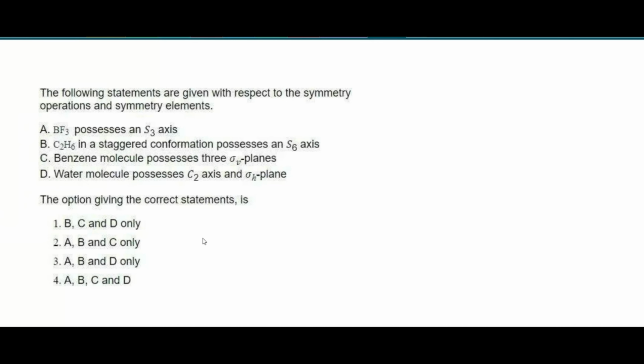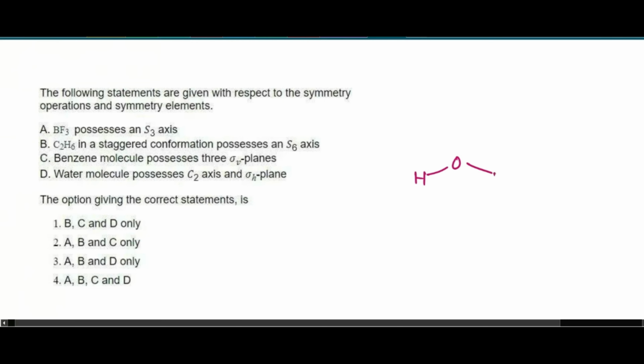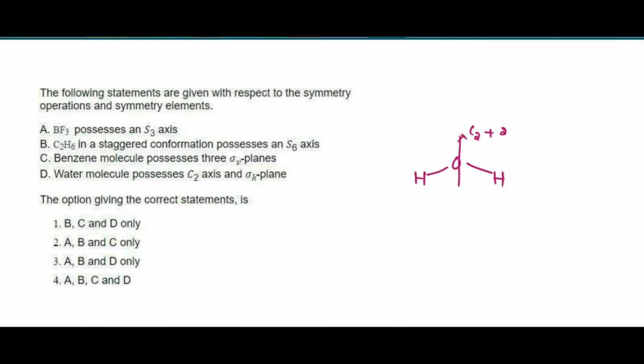Correct. So see, this is a strategy that you have to adopt. Whatever comes, look at option D. In option D they say the water molecule possesses a C2 axis and a sigma h plane. You know that water has C2 with 2 sigma v planes.